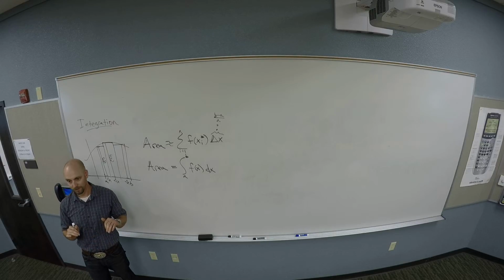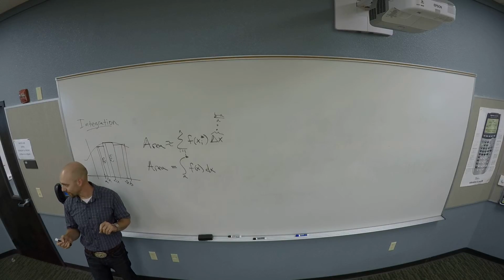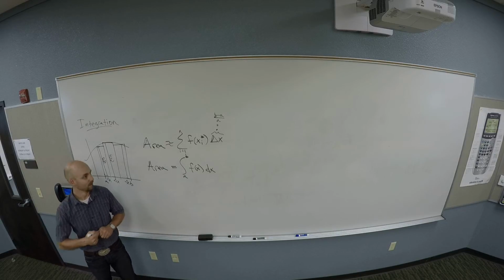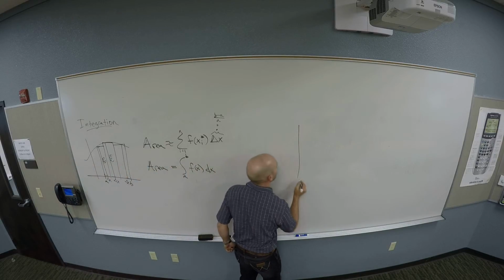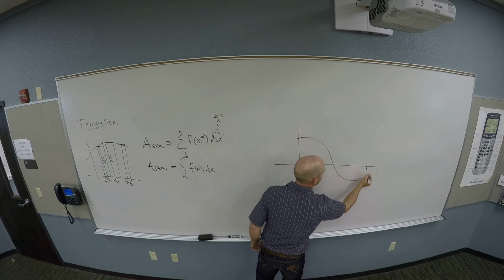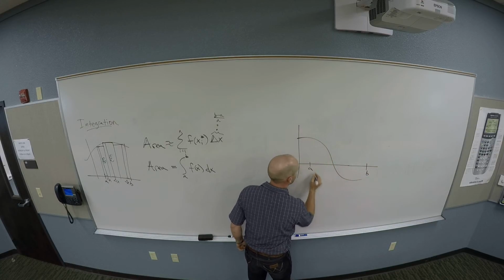Remind me, what happens if the function goes under the x-axis? If you had a function that did something like this, here's your b, here's a.